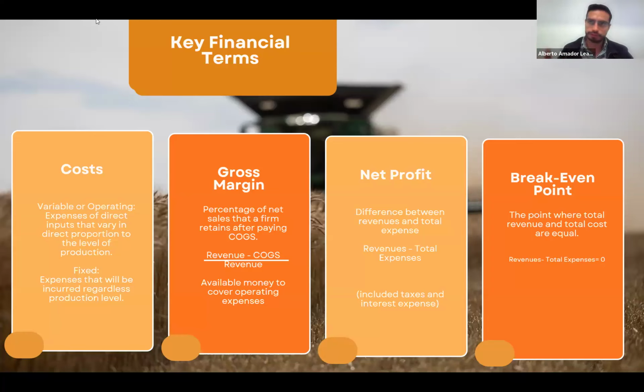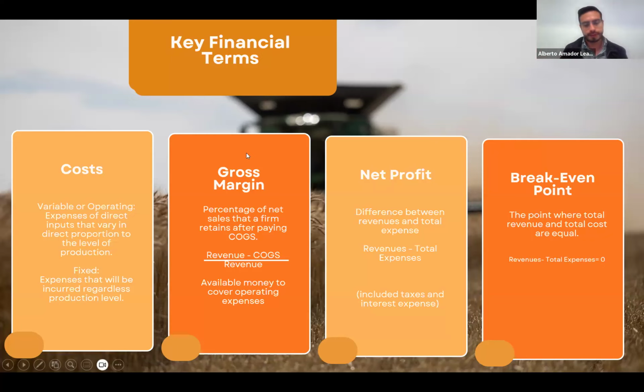For example, if you have cows and increase the herd, the direct cost is going to increase. If the production decreases, the direct costs are going to decrease too. They are correlated. On the other hand, the fixed costs remain constant, and they are not related to the size of the production. I'm going to give you some examples in a moment.